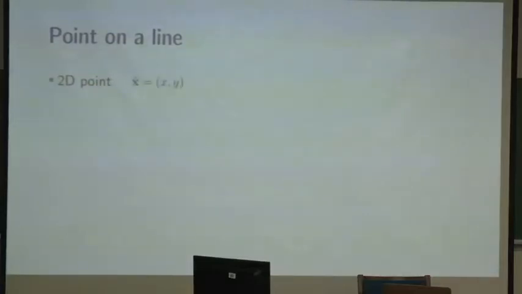So a 2D point in homogeneous coordinates is (x, y). Okay? I'm just doing normal mathematics now just to revise, right? So a point will lie on a line if and only if I plug in x, y into the parameters of the line and I get 0. Which means you give me an x, y and I have a line ABC, I'll just plug it in and see whether I get 0 or not. All the points that lie on the line must give me a 0.